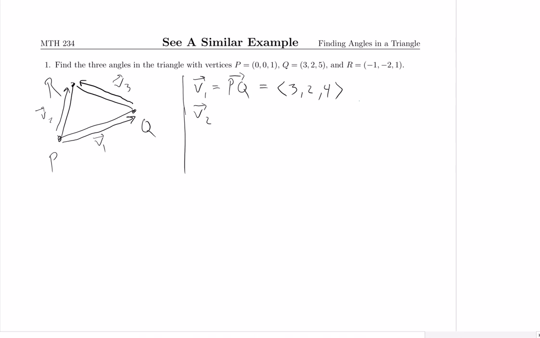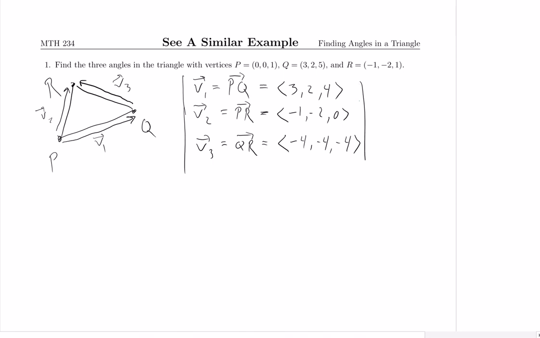Similarly, V2 from the picture points from P to R. So we subtract the coordinates of R minus the coordinates of P. So here we get -1, -2, 0. And lastly, V3 is the vector from Q to R, and its components will be those of R minus those of Q. So we get -4, -4, -4.